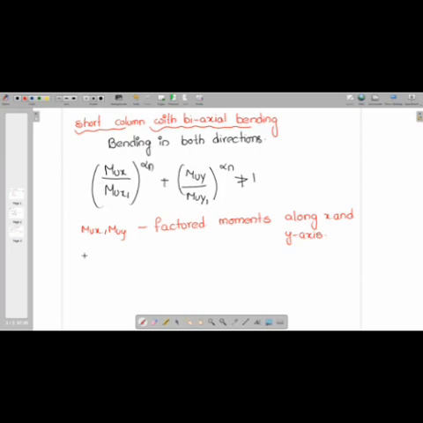Then if you ask me what is MUX1 and MUY1. See, students, only if this condition is satisfied can you analyze. It should satisfy this condition. Then only you can say whether the short column subjected to biaxial bending is safe or not.